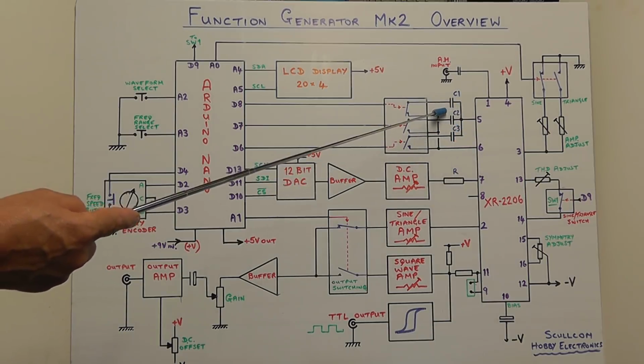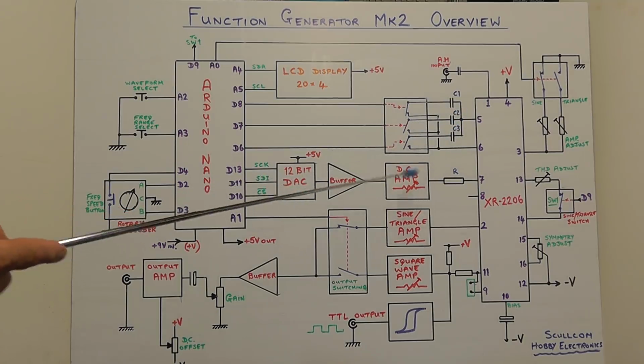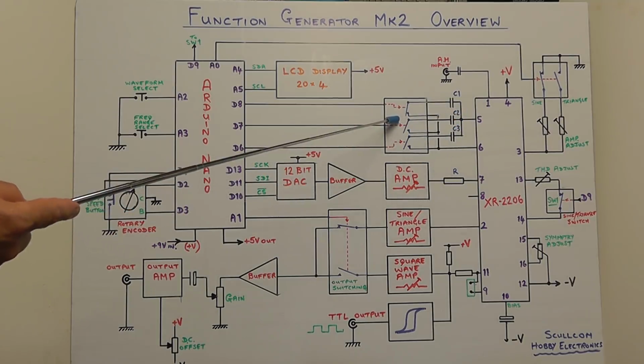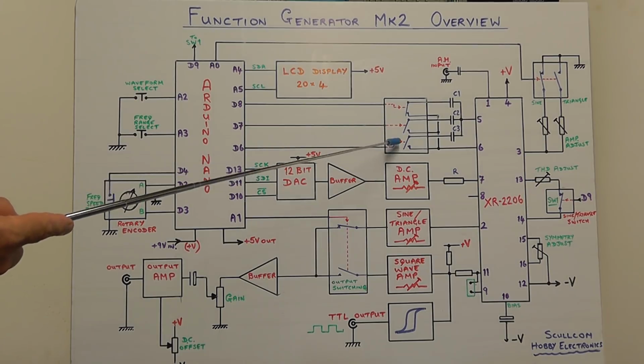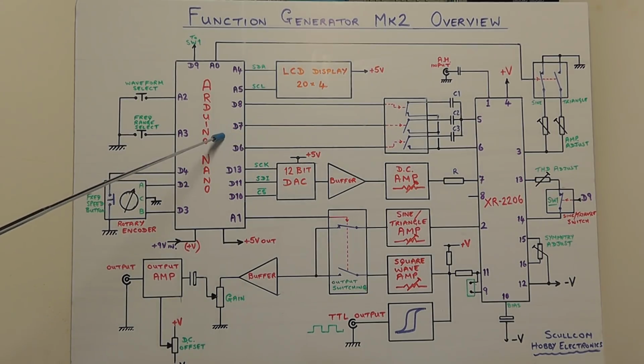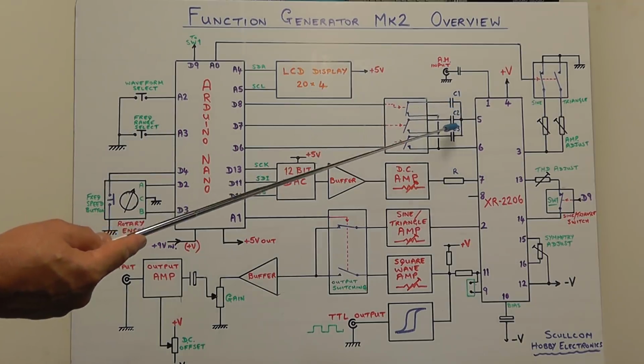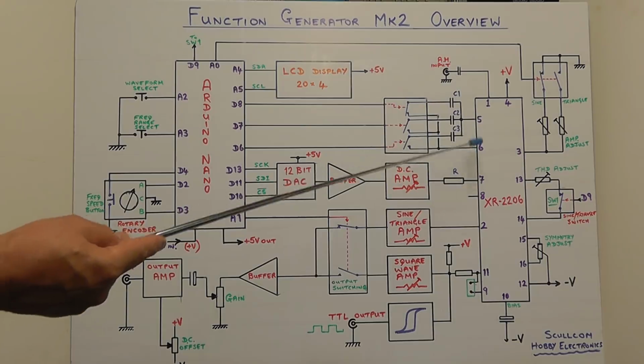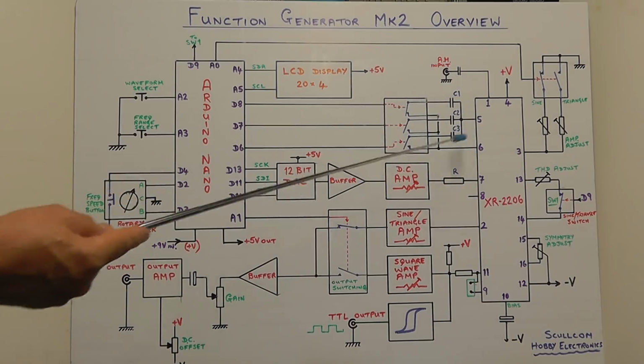We've got 3 options there, C1, 2 and 3, and one of those is selected with this analog switch here, which is controlled from the Arduino Nano and from a range select button there on A3, and it simply just toggles round. So when you press the button once, it selects one option, you press it again, goes to the next, then to the third, and then back to the first again. So it just toggles around those 3.